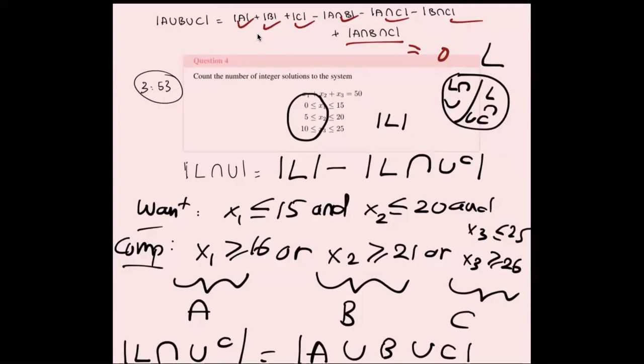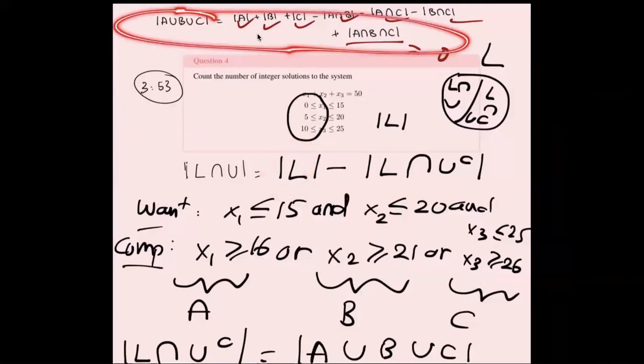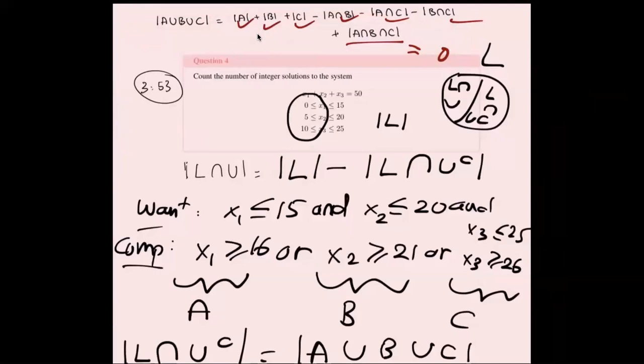Therefore, no such solution exists. And then you just add everything and subtract everything together, you will get this quantity. And then after that, you will take the number of integer solutions that satisfy the lower bound, subtract this one, and you'll get the final answer for this question.